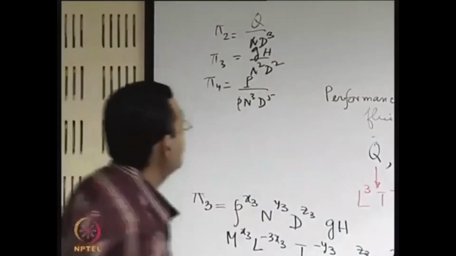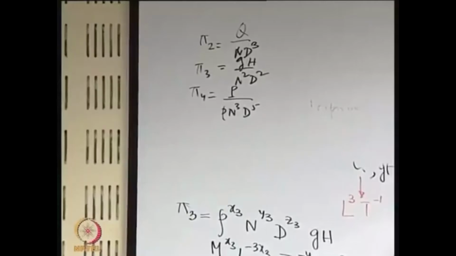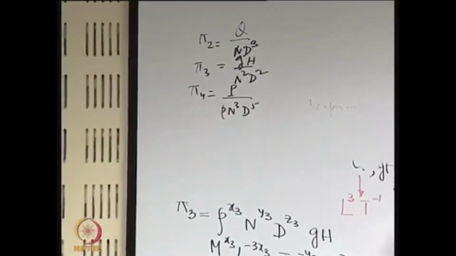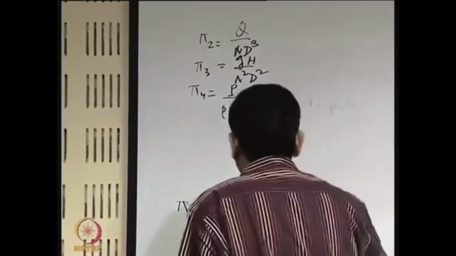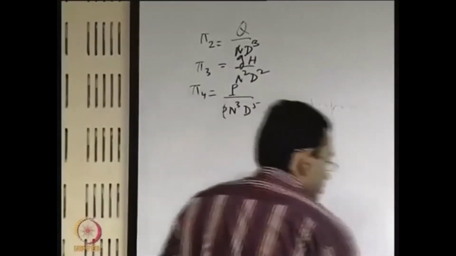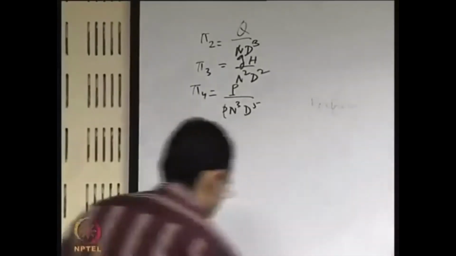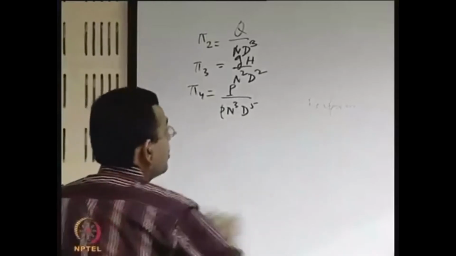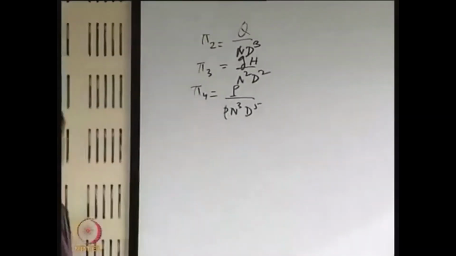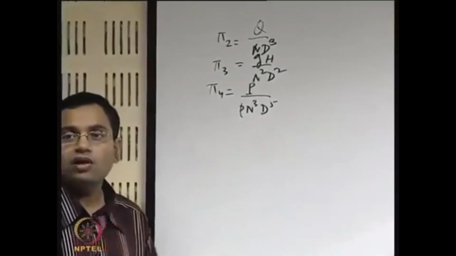Now, if we consider machines which are of the same type, but they only vary in terms of either the RPM or the diameter.